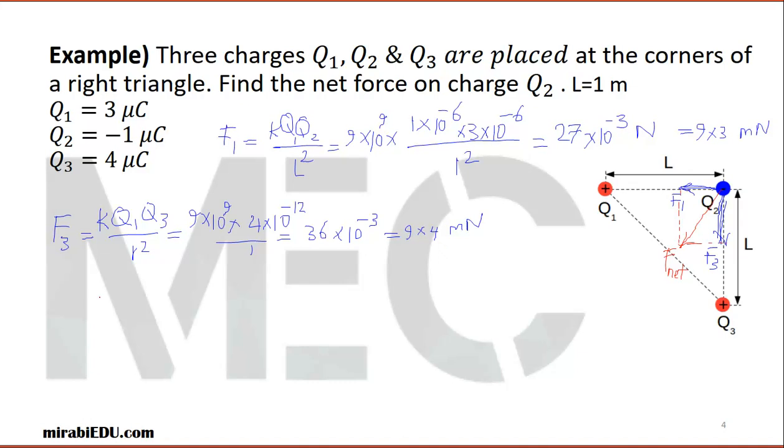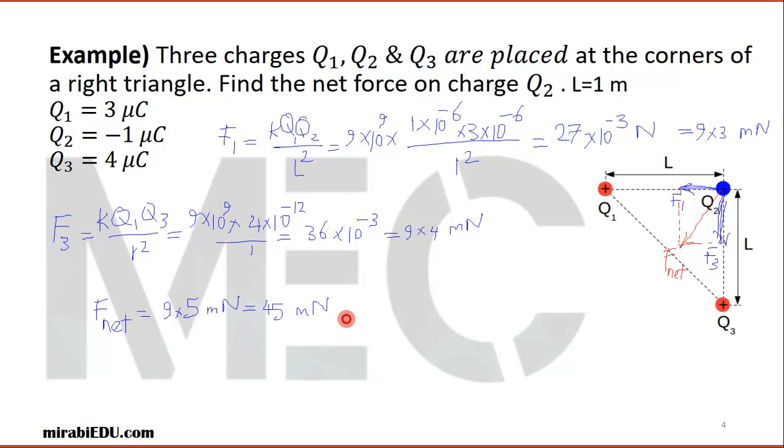So I can write the magnitude of F net to be 9 times 5 millinewton or 45 millinewton, 45 times 10 to the negative 3 Newton. How did I get this number? Because of Pythagorean triples 3, 4, 5. When I rewrote these, I found that if these lengths are proportional to 3 and 4, the hypotenuse will be 5. So 3, 4, 5.